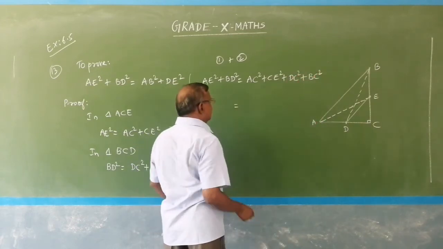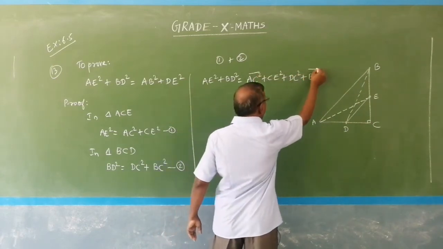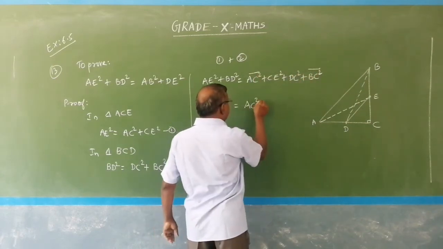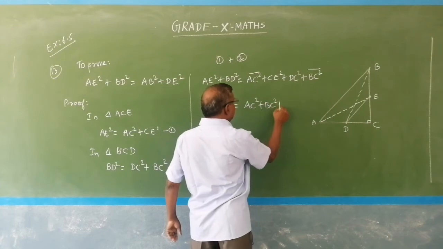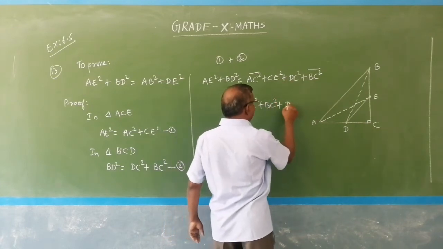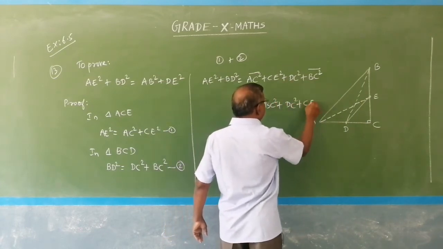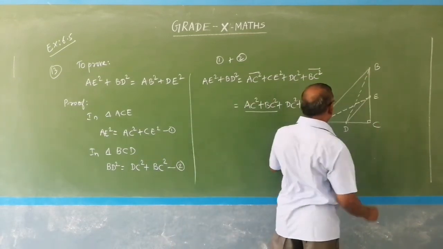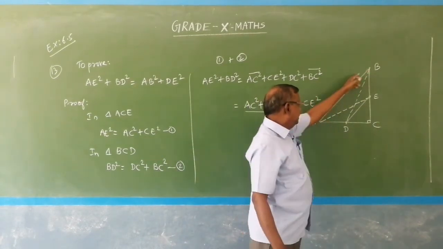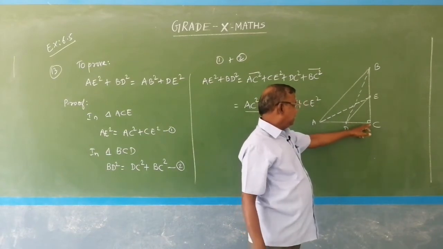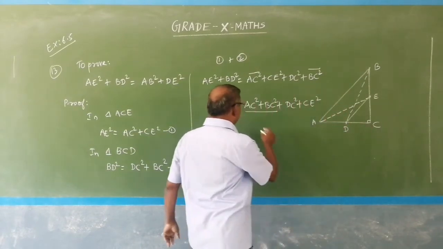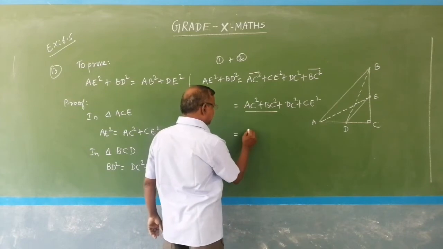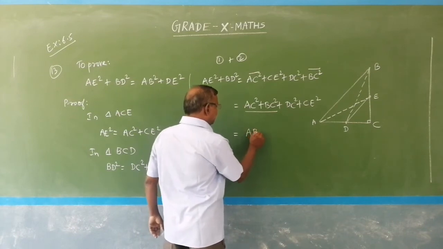That is equal to, let us rearrange, AC square plus BC square plus DC square plus CE square. We know that AC square plus BC square is nothing but AB square, because in the bigger triangle ABC, right angle at C, AB is the hypotenuse.